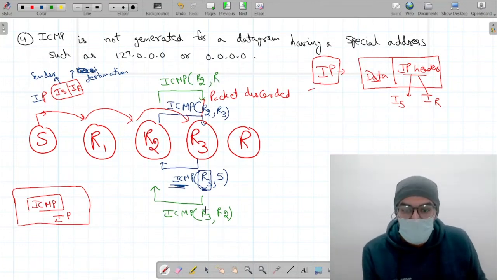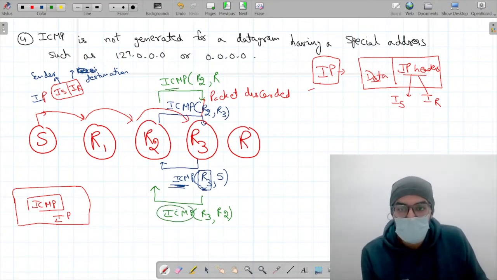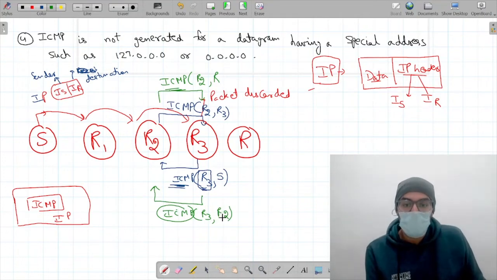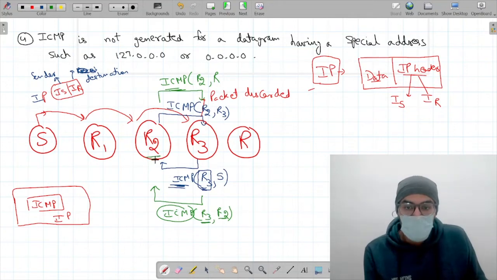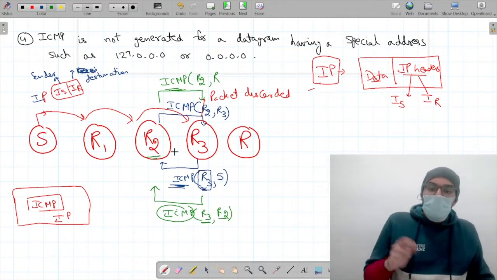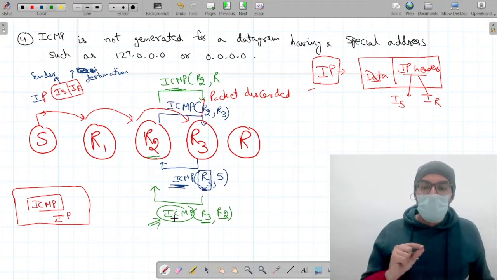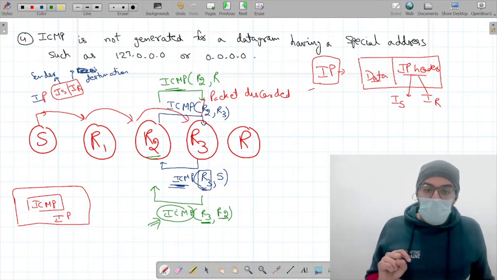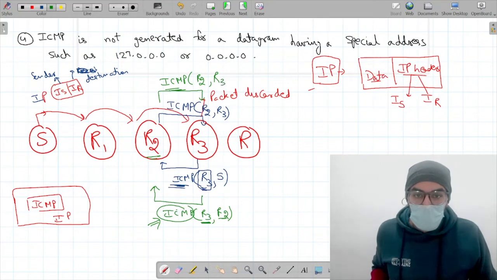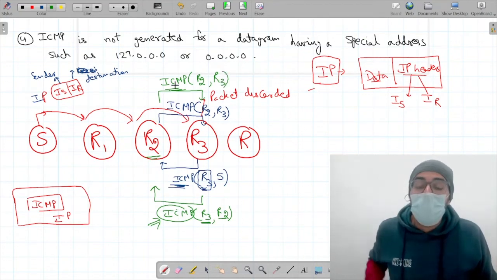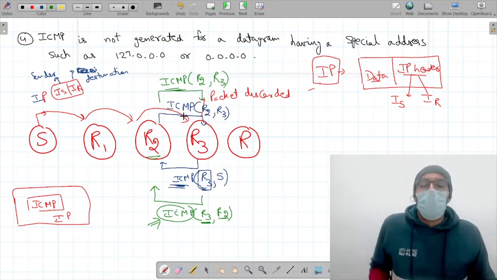This packet's final destination was R2 and the initial sender was R3. So R2 technically should be telling the sender of this packet that I have discarded your packet. Who is the sender of this packet? R3. So it is going to send the ICMP message to R3 that I am discarding your packet.